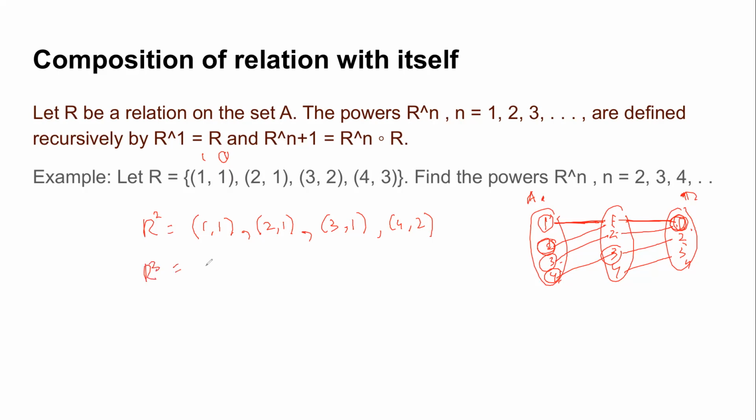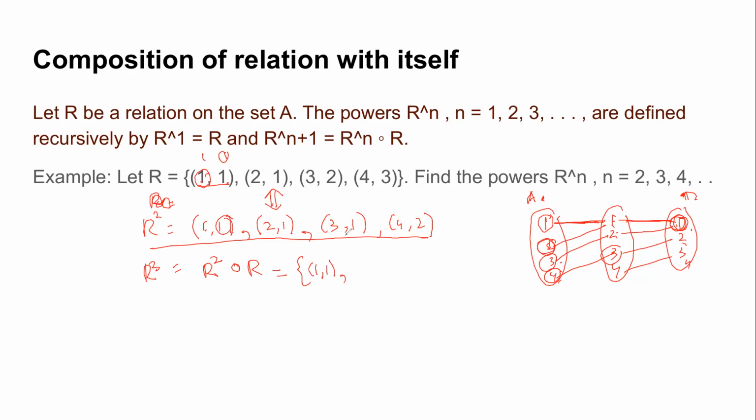How do I write R cube? R cube is R square composition R. So you have to consider this relation and take all possible pairs with this relation. It is simple. You can start with 1, 1, 1, 1, so endpoints are 1, 1.